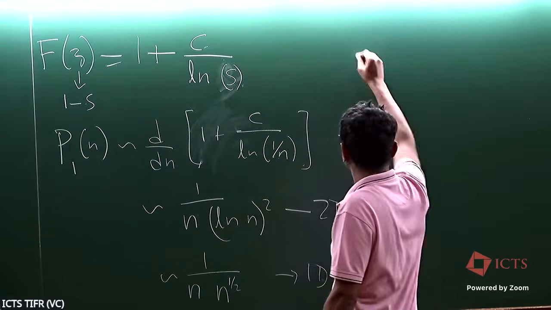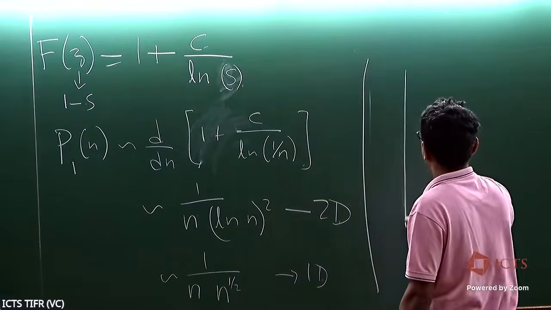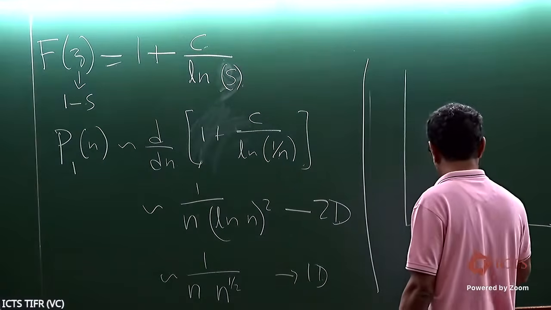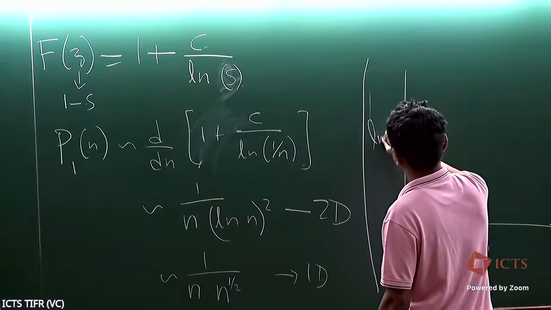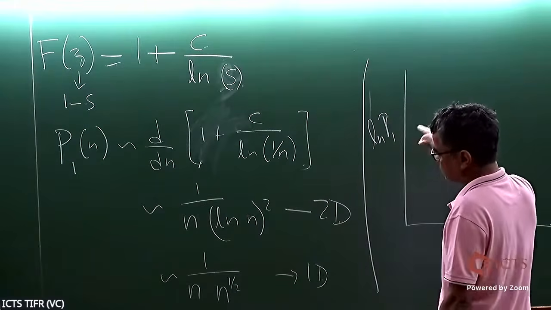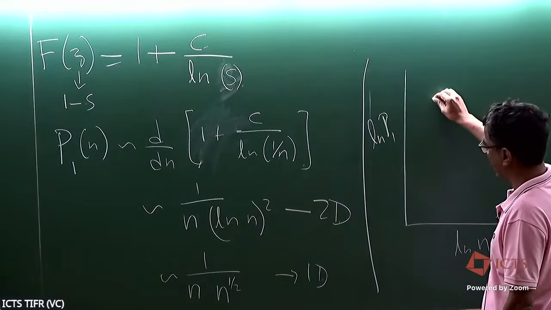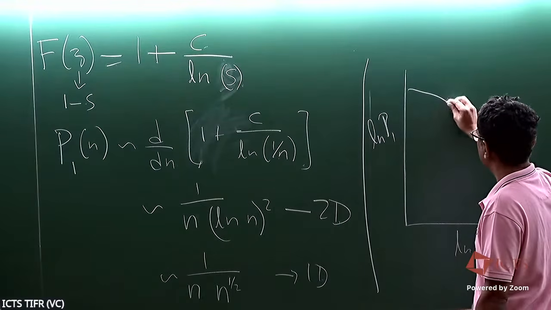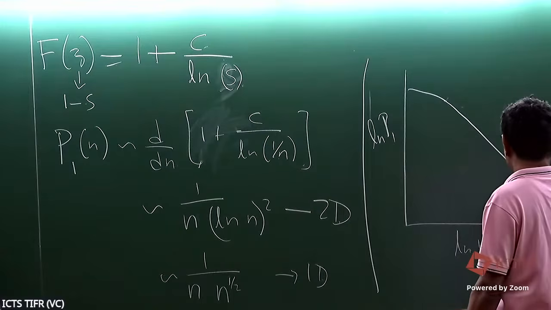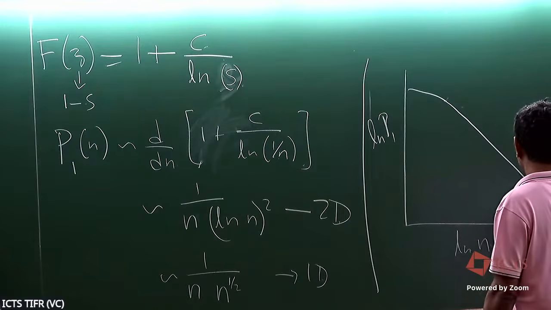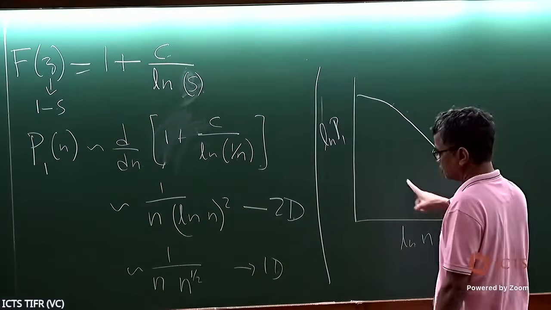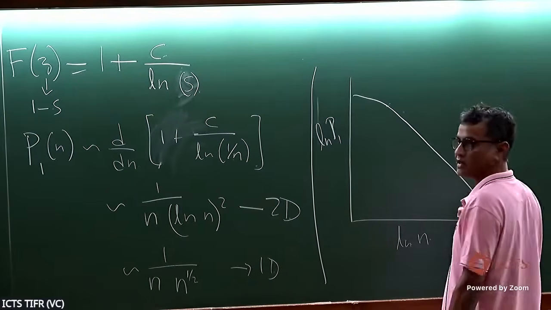If you plot this versus n, let's say log n and log p1, in 1D initially there's something, and then it will go like that, and in 2D the probability at large n is slightly higher.